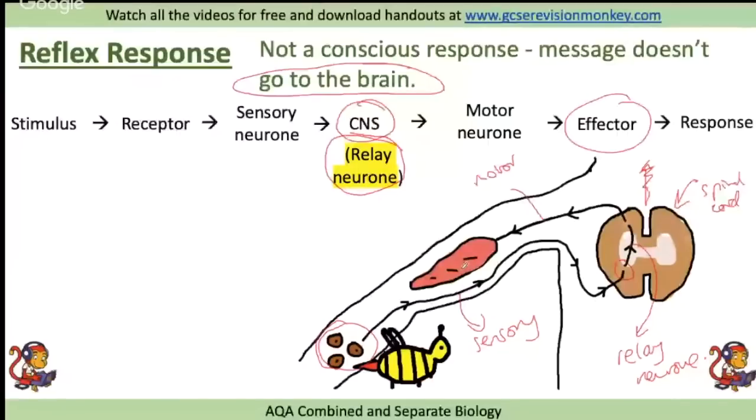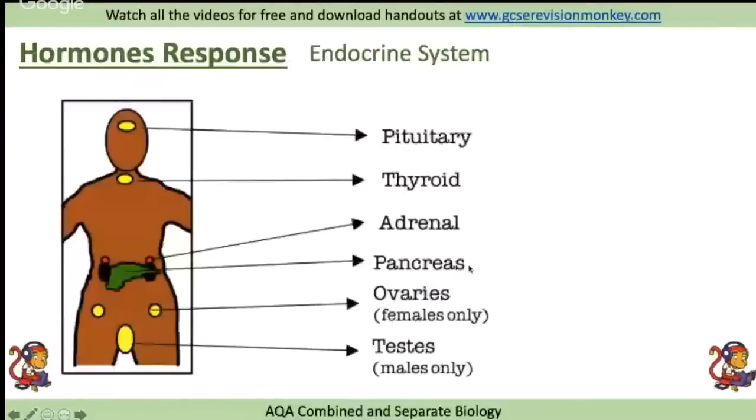So moving on to the hormones then. Hormone responses. Hormones are secreted by glands in the endocrine system. Okay, so the endocrine system is a system of glands. The most important gland is the pituitary gland, because we call that the master gland, because that can switch on and off other glands by releasing hormones.